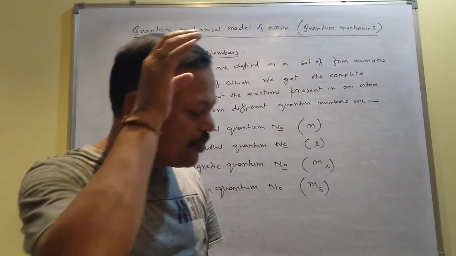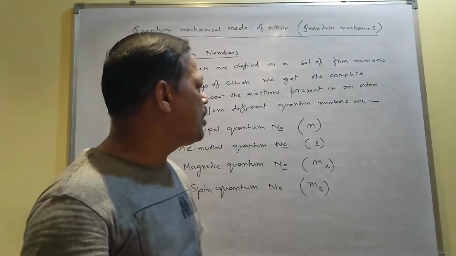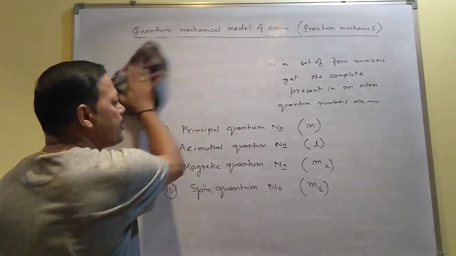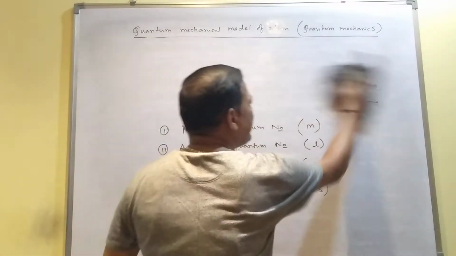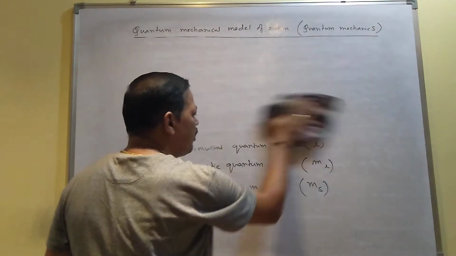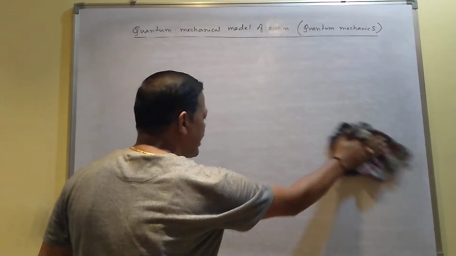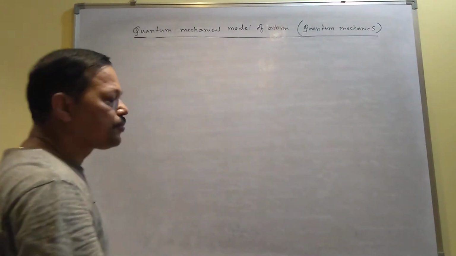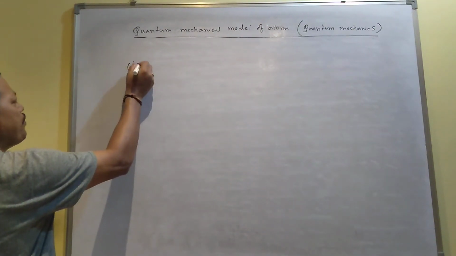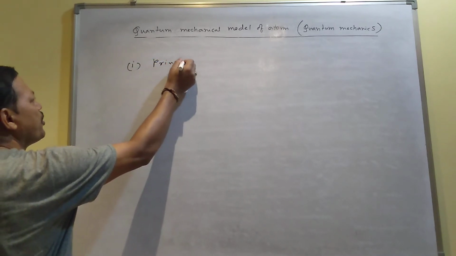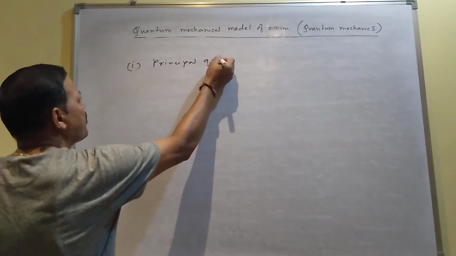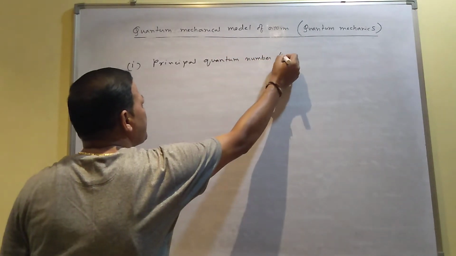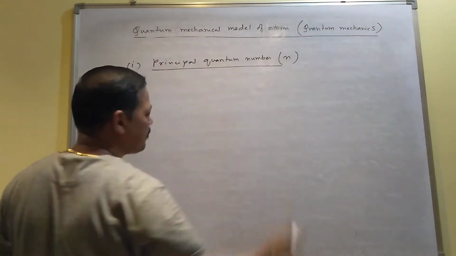And there are 4 quantum numbers: principal quantum number, symbol n; azimuthal or angular quantum number, the symbol is small l; then magnetic quantum number, symbol is ml, l should be in suffix; and the last is spin quantum number, which is represented by ms. Now, I'll do quantum number 1, the principal quantum number, which is represented by the symbol small n.